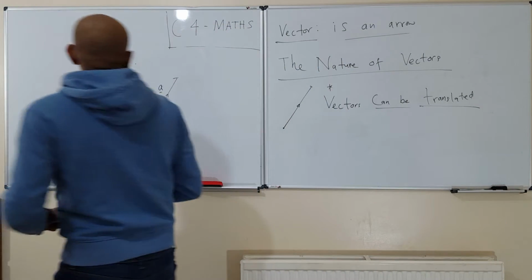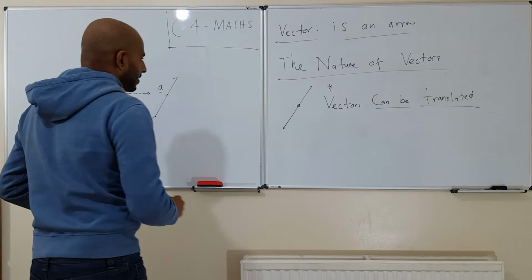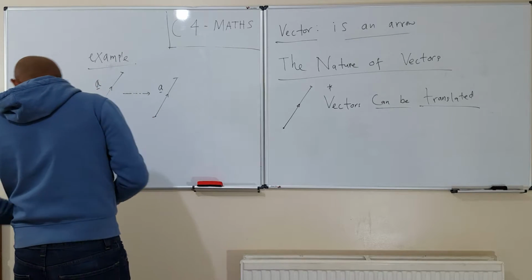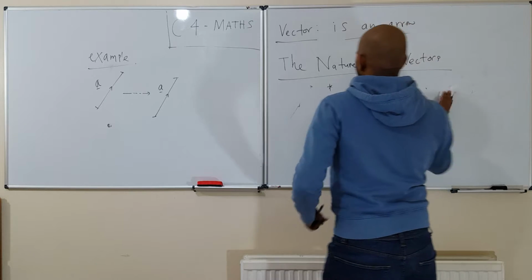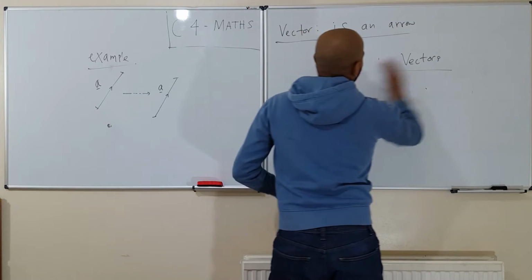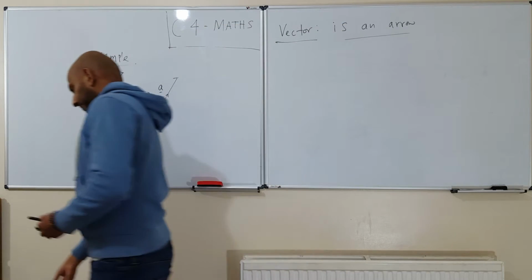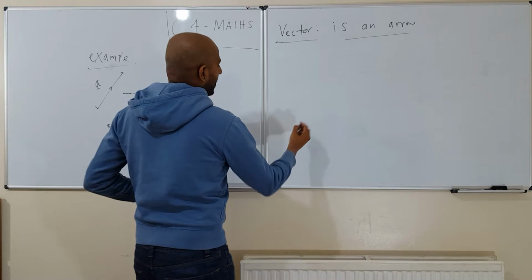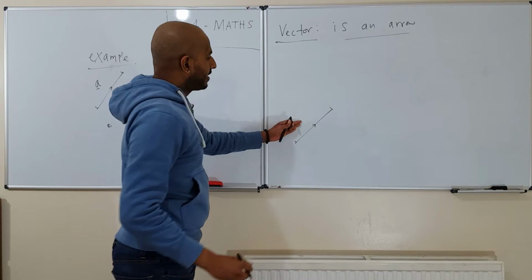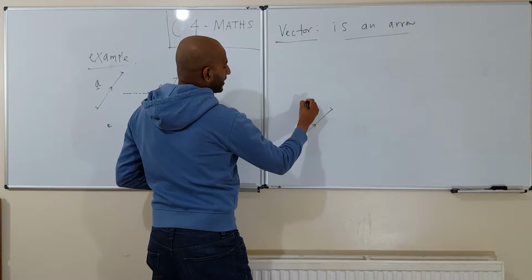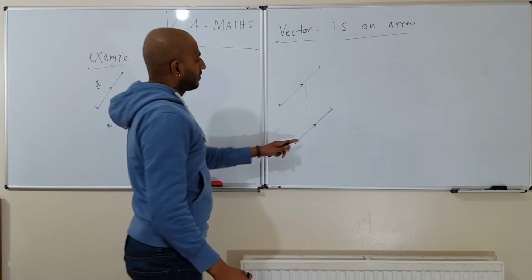In a similar fashion, you can translate a vector vertically upwards. For example, let's say we have a vector like that. This can be translated like this. We can move upwards like this. See?